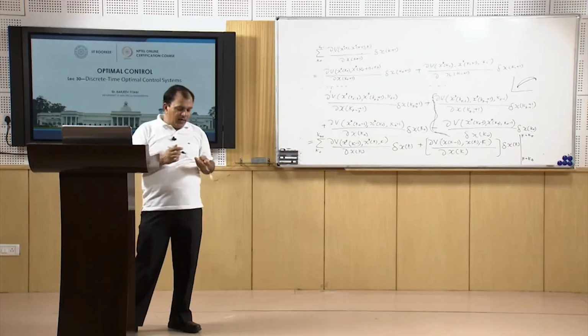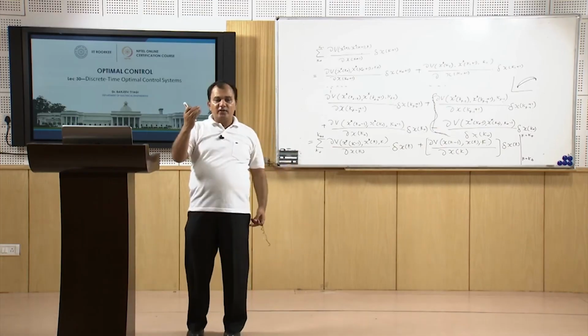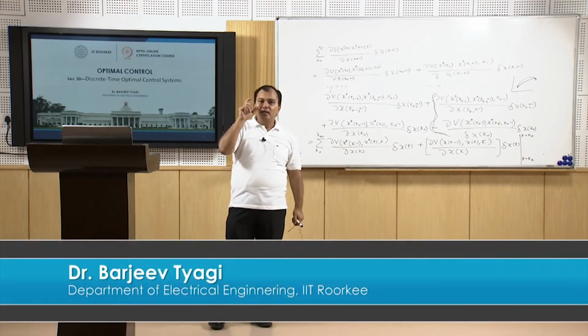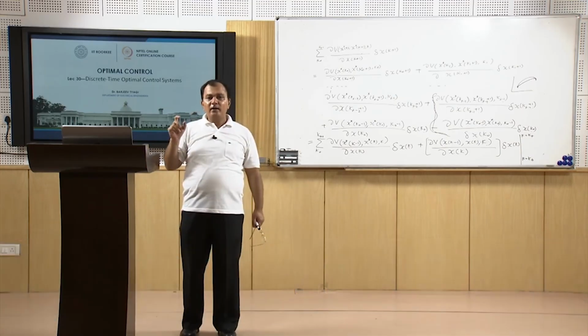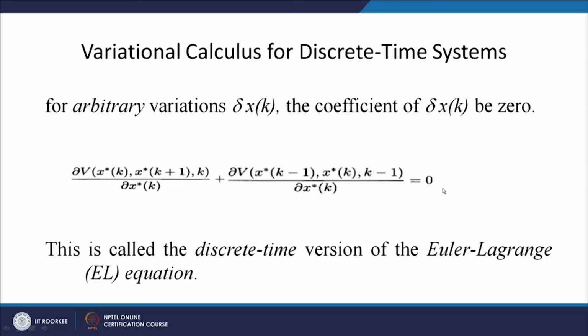Similar to the continuous time system, where we solved the extremization of the functional for the continuous time case and landed with an EL equation and the boundary condition, for the discrete time case we have the analogous EL equation in discrete form: del V, which is a function of x k plus 1 and k, differentiated with respect to delta x k, plus del V, which is a function of x star k minus 1, x star k minus 1, differentiated with respect to delta x k.